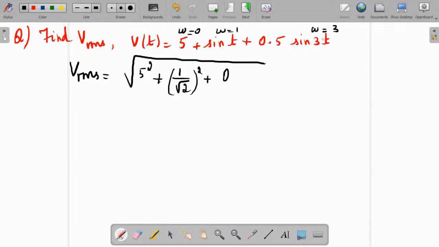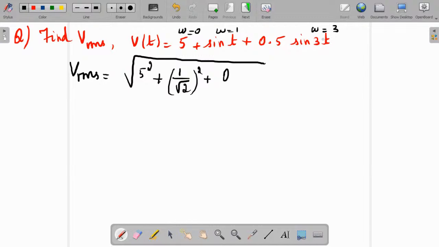So what answer do you get? This will be 25 plus 1 by root 2 which is 0.707, and its square will be 1 by 2. So it is going to be 0.5.